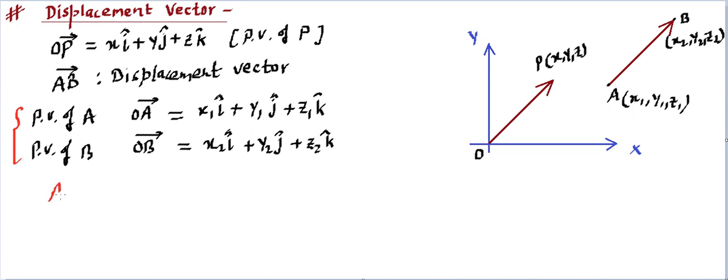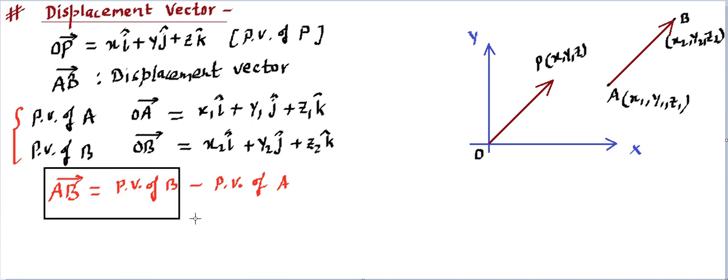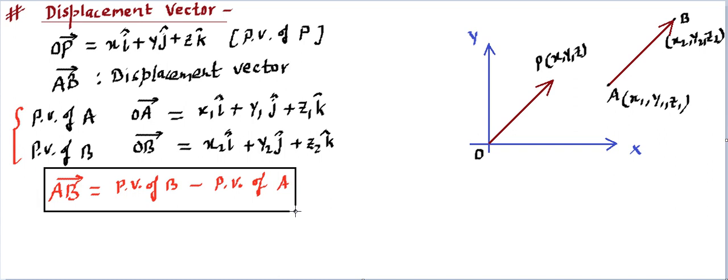If we know these position vectors, we can write the displacement vector. The AB vector is defined as the position vector of point B minus the position vector of point A. So this is the relation that we are going to use in order to find the displacement vector if the position vectors are known to us.